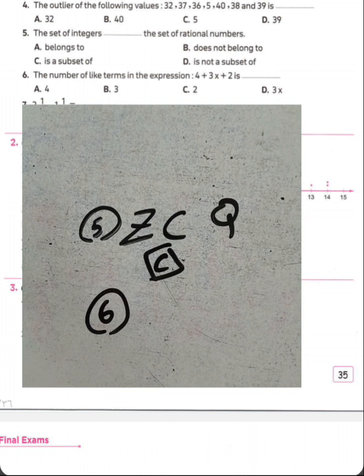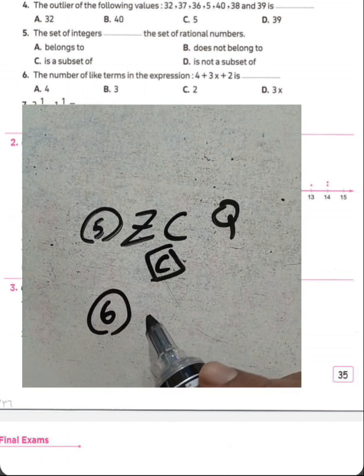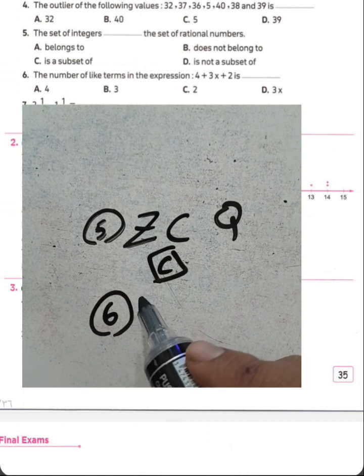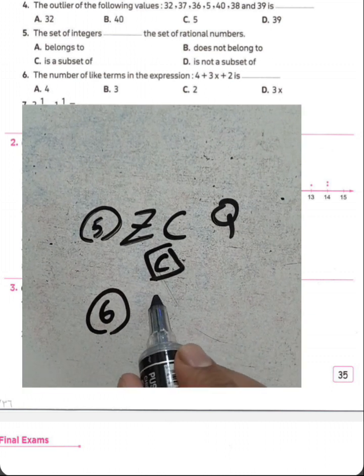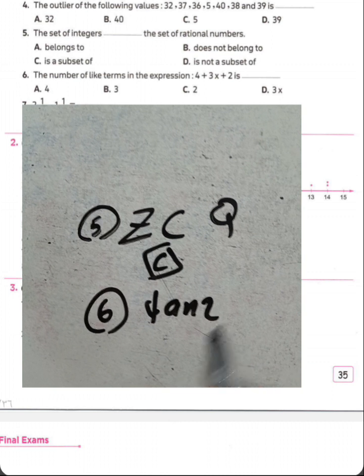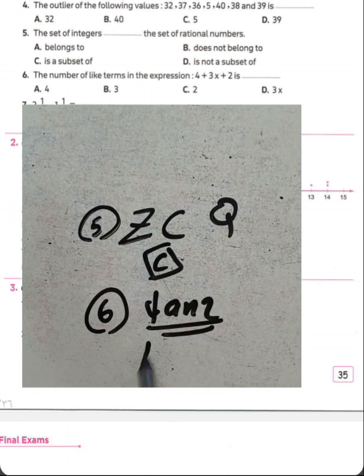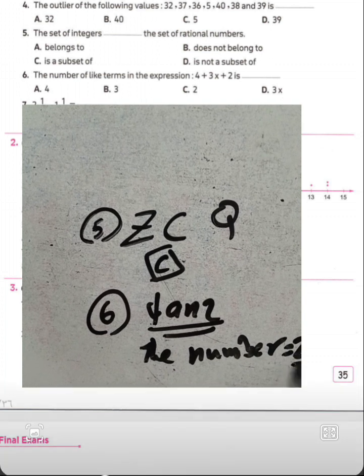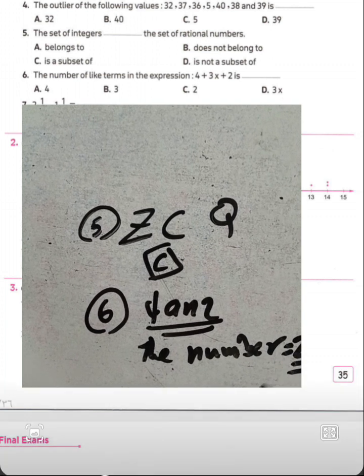Question 6. The number of terms in the expression 4 plus 3x plus 2. We have here 3 terms, 4 and 3x and 2. But in this question he asked about what? The number of like terms here.